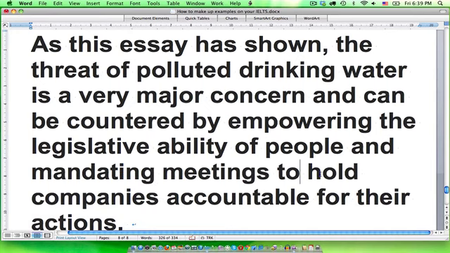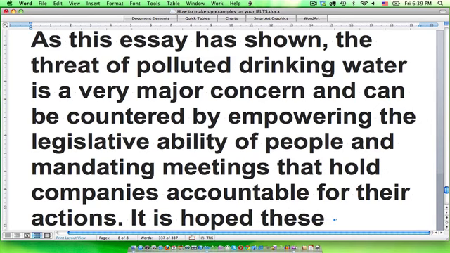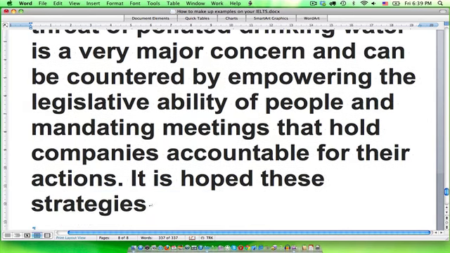And I'm sorry I'm doing so much editing here, but just a few things are popping out to me. Mandating meetings that hold companies accountable for their actions. Now we want to finish with perhaps a prediction. We might say that this is a course of action that we hope will be exercised the world over in the future. So it is hoped these strategies, again, little tiny cohesive devices that your examiner will note, so don't forget to include them.